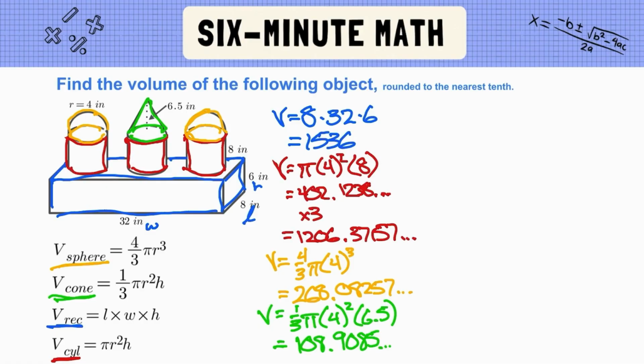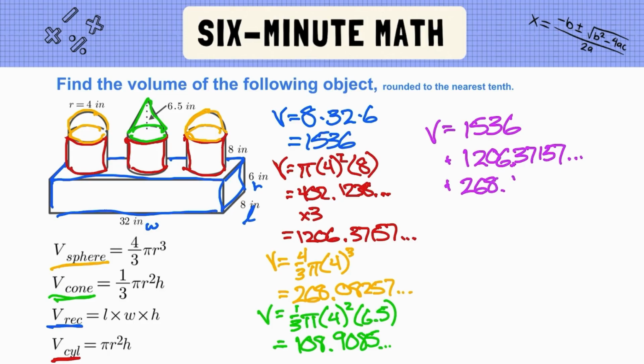At this point, I am just adding up all of my objects. I have the 1 rectangular prism, 3 cylinders, 2 hemispheres, and a cone. So our total volume is going to be 1,536 plus 1,206.3715 plus 268.08257 plus that cone of 108.9085.